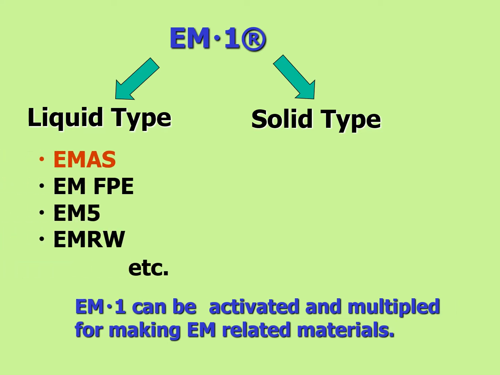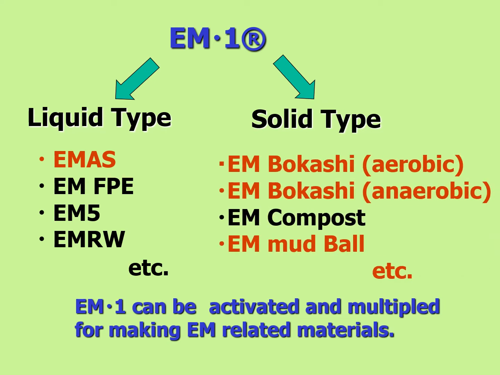Liquid type includes EMAS, EM FPE, EM5, EMRV, and solid type includes EM Bokashi aerobic, EM Bokashi anaerobic, EM compost, EM mothball, etc. EM1 can be activated and multiplied for making EM-related materials.